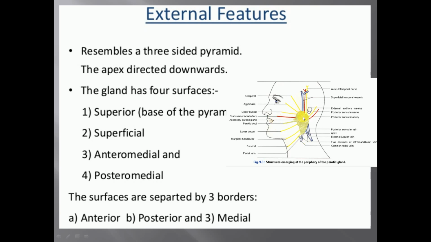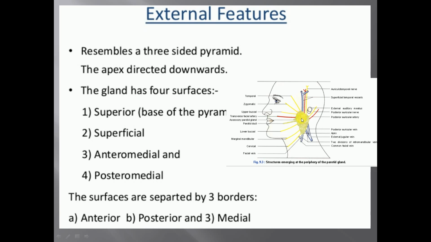This is the base of the pyramid. This is the superficial surface. This is your anteromedial surface, and this one is your posteromedial surface. The surfaces are separated by three borders, that is the anterior border, the posterior border and the medial border.